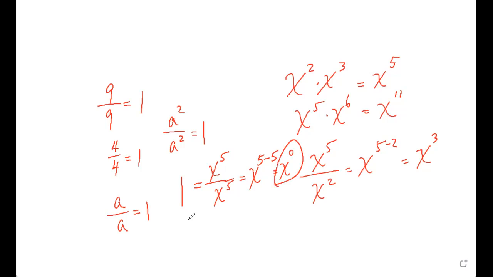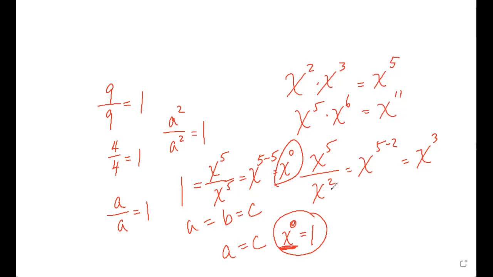Well, in math, if a equals b and b equals c, then a equals c. That's right. That means x to the 0 power is equal to 1. Any non-zero variable to the 0 power is 1.